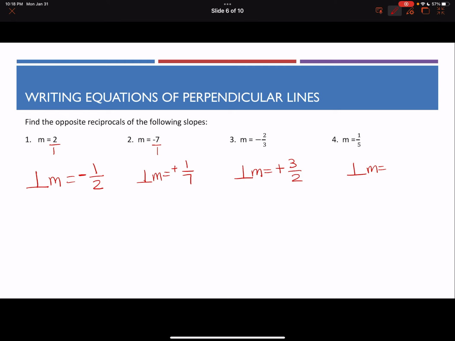It was positive 1/5, so it becomes a negative, and we flip it, so it becomes 5/1, and that's really just -5. All right? So now you've done a little bit of practice with just finding opposite reciprocals. So now we have that part down.